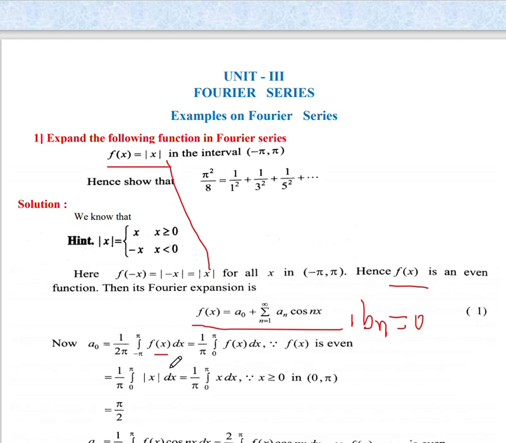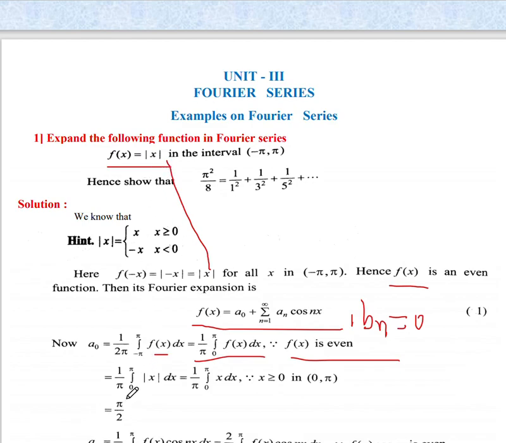So by using the concept of even and odd functions, this integral can be written as 2 times integral 0 to pi f of x dx. So this 2 and this 2 will get cancelled, and hence we get 1 upon pi integral 0 to pi f of x dx, because here f of x is an even function. Now we will put the values of f of x from the given function.